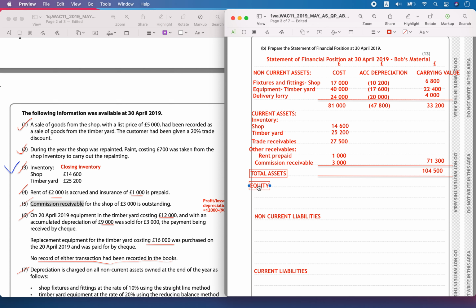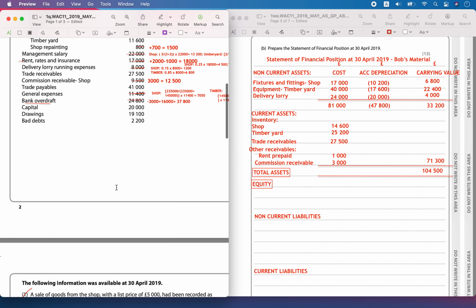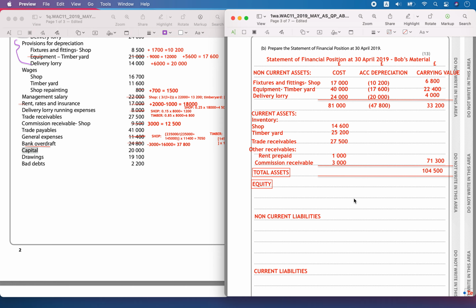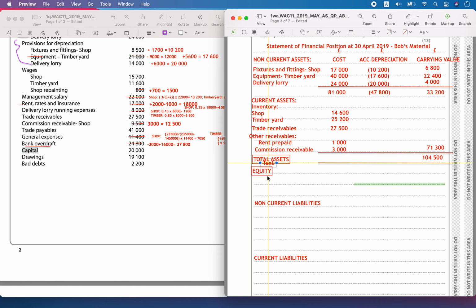Okay. Now let's calculate the equity section. This was the total assets section. Now the equity section: we can see that the first one is capital. The capital value is around 20,000.